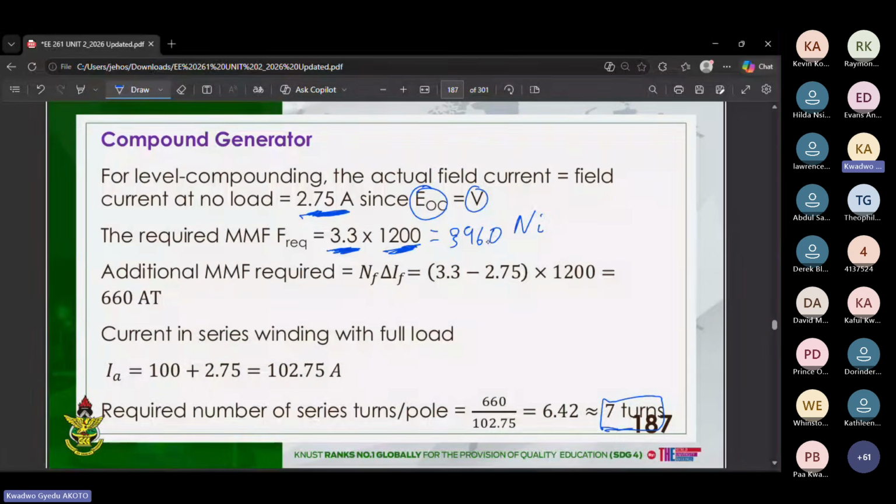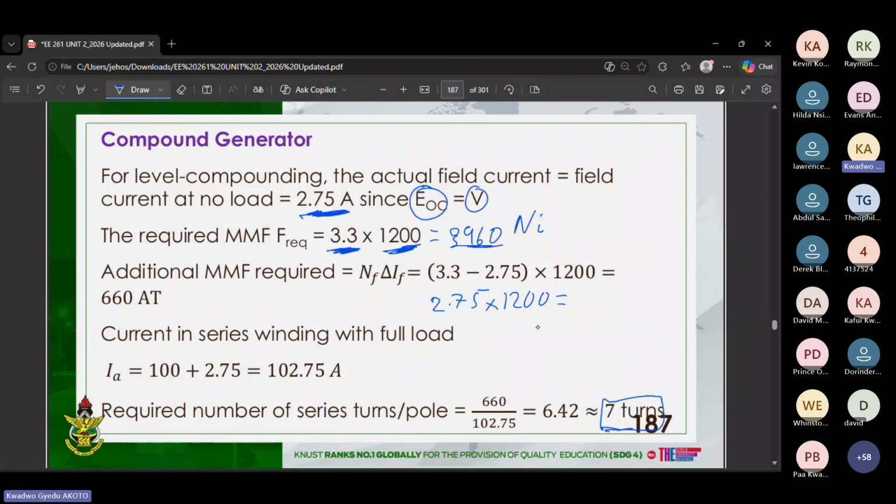But then we know that our field winding is only producing an MMF of 3,300, right?